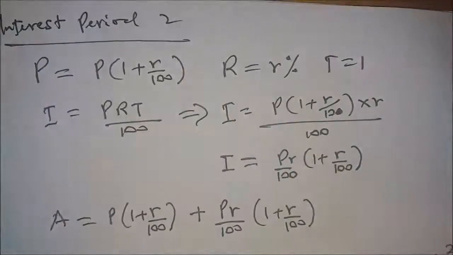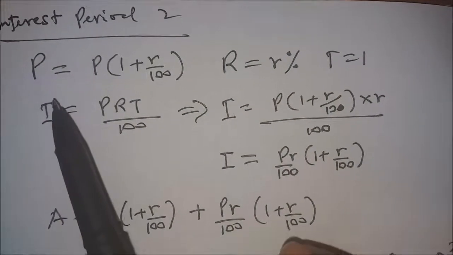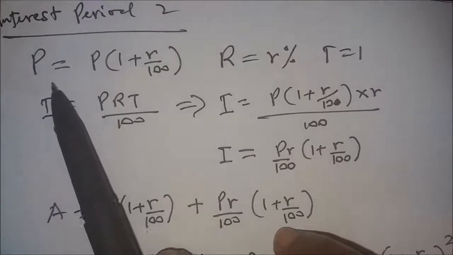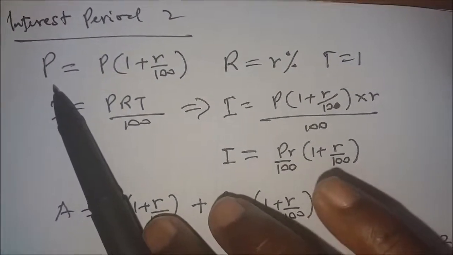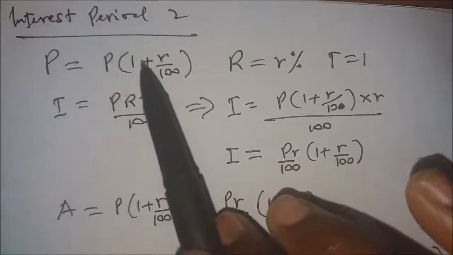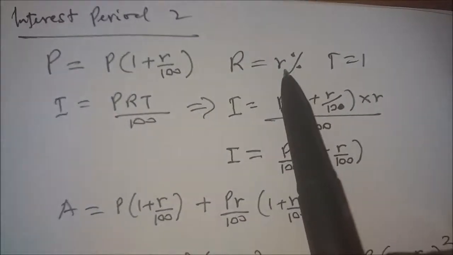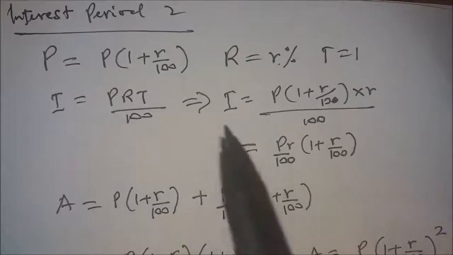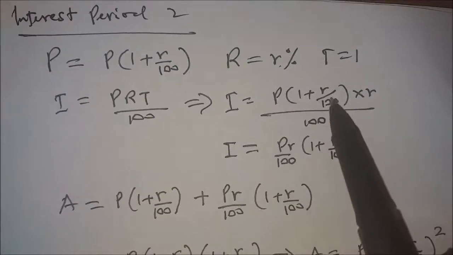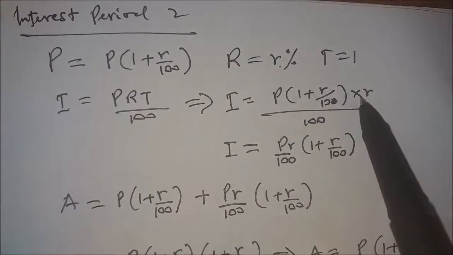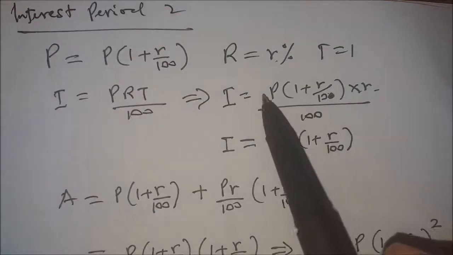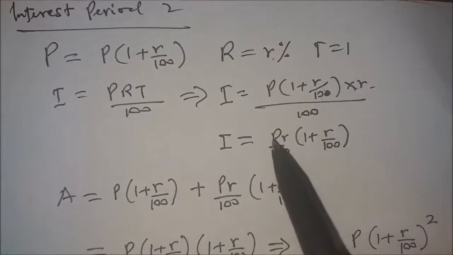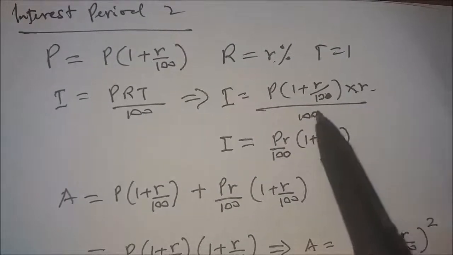Now, the amount at the end of interest period 1 was this one here, which now becomes the principal at the beginning of period 2. So this again is reinvested at R%. We apply this formula, principal times rate times 1 over 100. We simplify this, PR over 100.